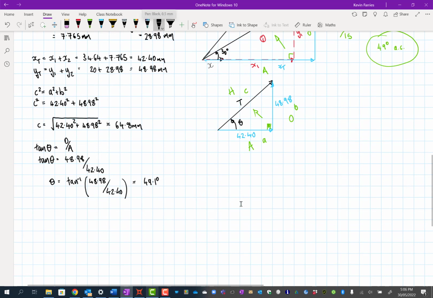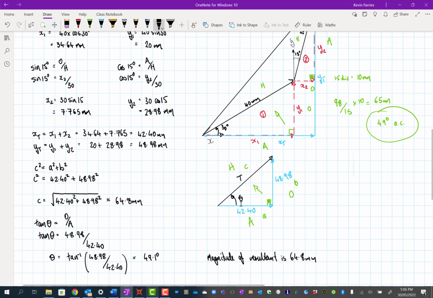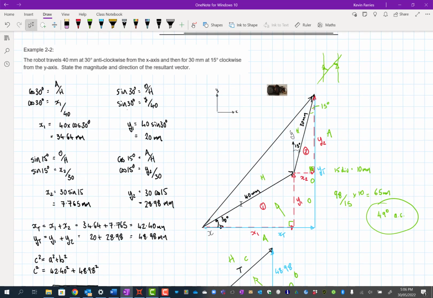So you can see the scale drawing might not be accurate, but it's a lot quicker than doing all the calculations. Okay, so write out the answer in short form. The magnitude of the resultant is, actually, let's check what the question said again. Magnitude and direction.